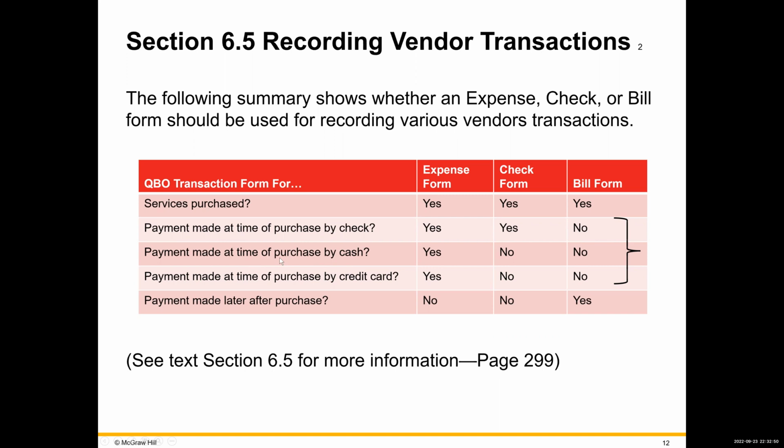No, it's at time of purchase. Payment made at the time of purchase, credit card. Well, no, it's time of purchase. So it's only good for payment made later after the purchase, right? We enter the bill and then we pay the bill. So that's what that's all about here. Okay, you study this. This is a good recap of these three forms.